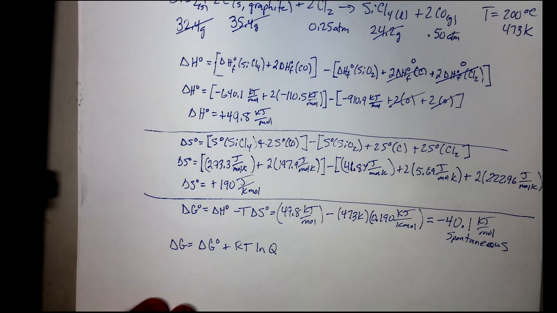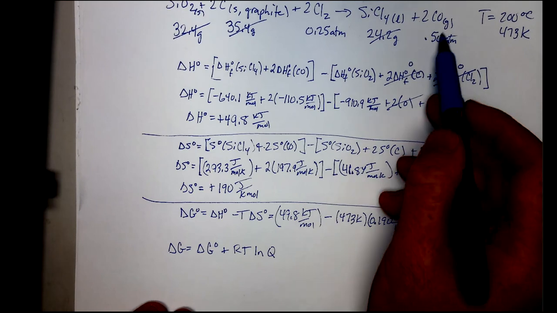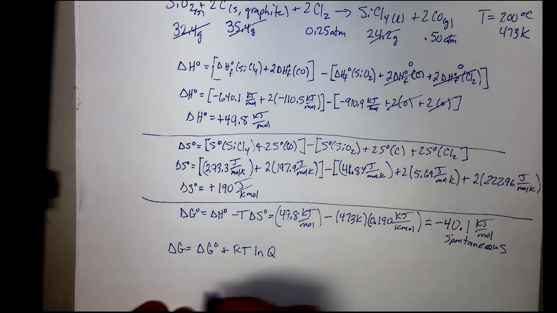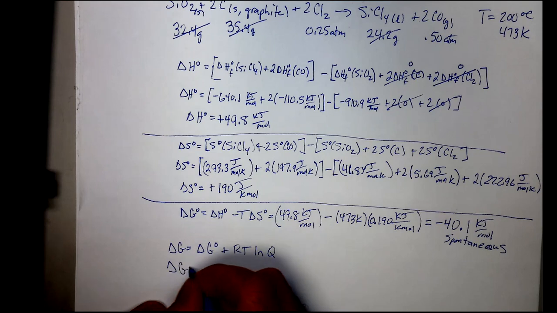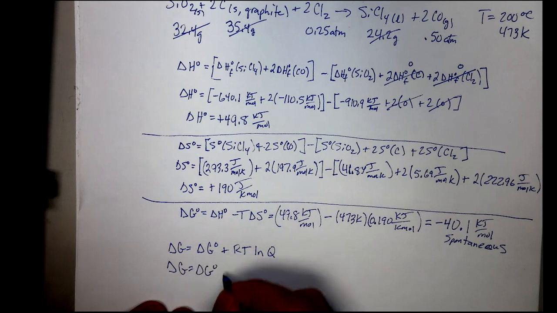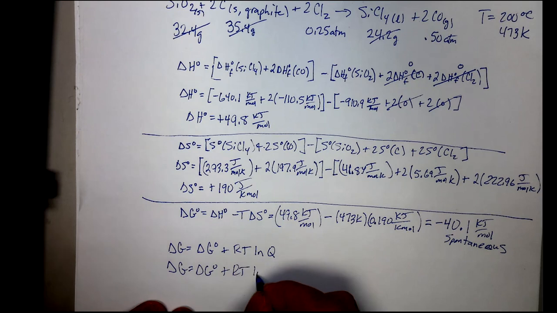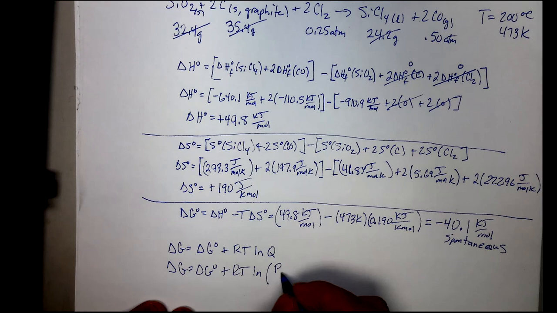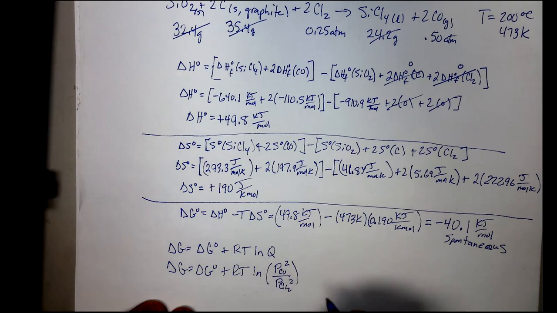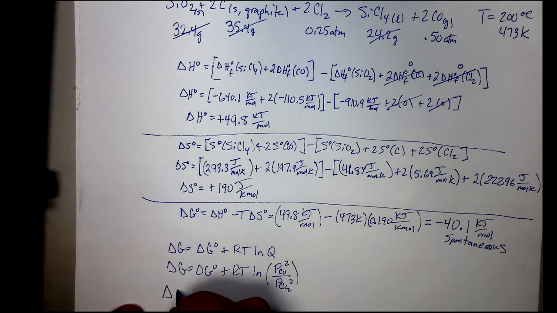Based on the equilibrium constant, but only of the gases, this one over this one. So delta G equals delta G standard plus RT ln of the partial pressure of carbon monoxide squared divided by the partial pressure of Cl2 squared. Ignore everything else because they're solids and aren't going to participate in the equilibrium. But regardless, we need to plug and chug.